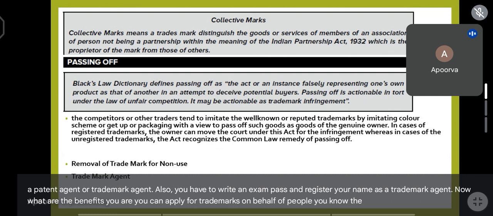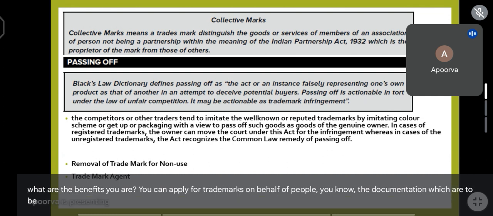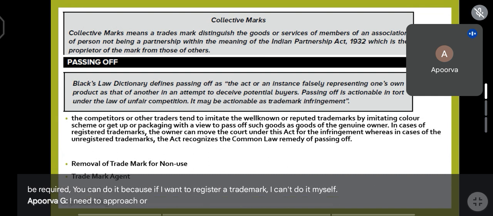The documentation which is required, you can do it, because if I want to register a trademark, I can't do it myself. I need to approach a trademark agent. So a trademark agent is a person. Who is that?